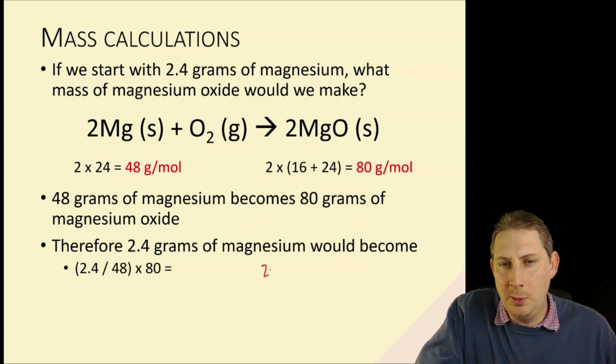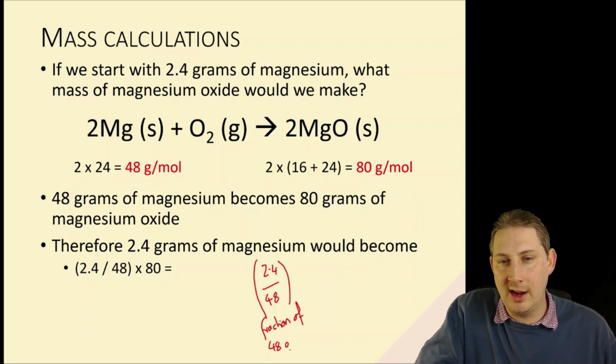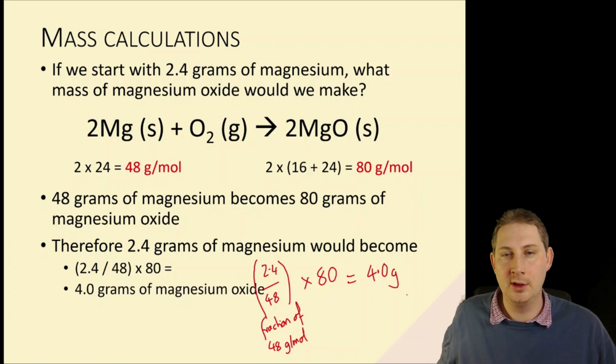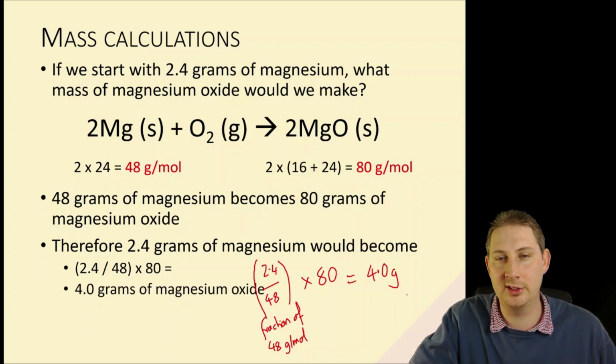The 2.4 over 48 is the fraction of the 48 grams per mole that we have to start with, because we know 48 grams becomes 80. So if that's the fraction that we start with, then we multiply that fraction by the formula mass that we would have got if we'd started off with 48, and we get 4.0 grams. 4 grams of magnesium oxide.